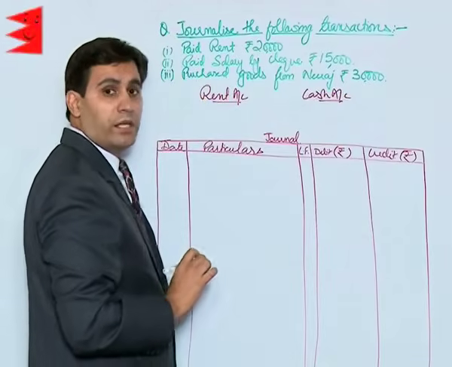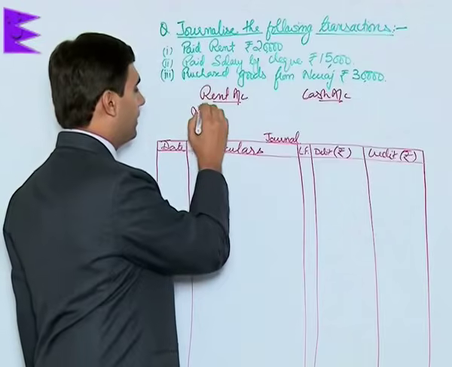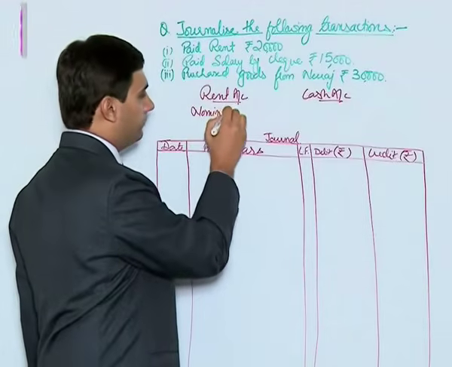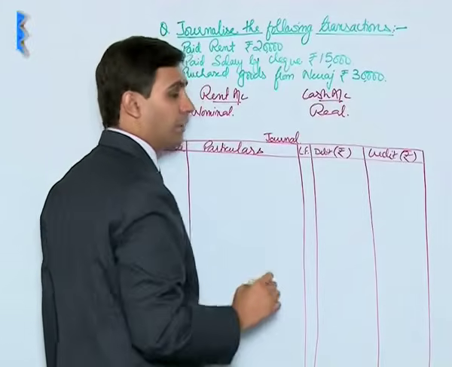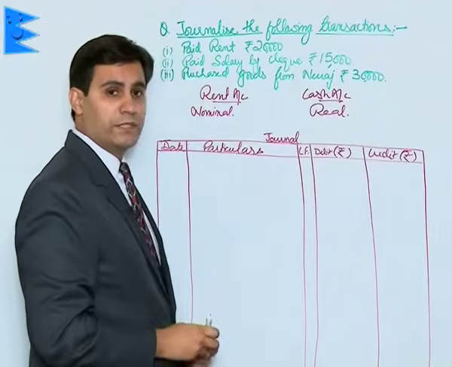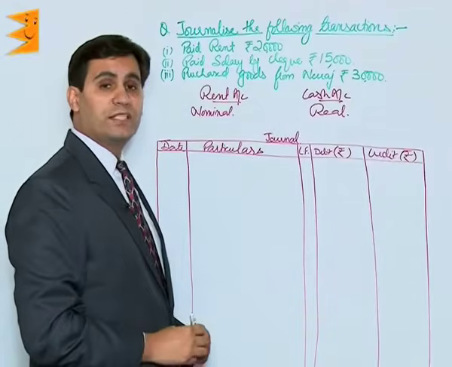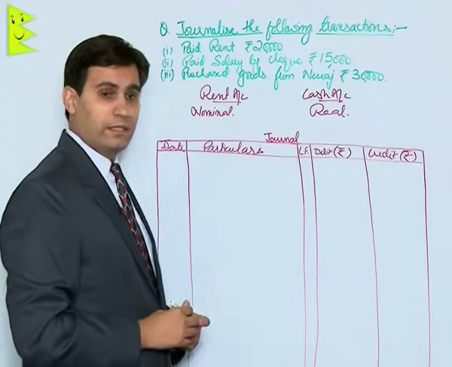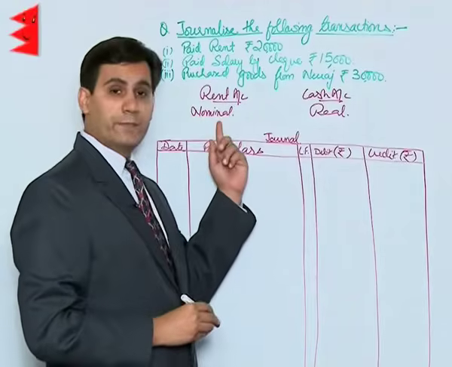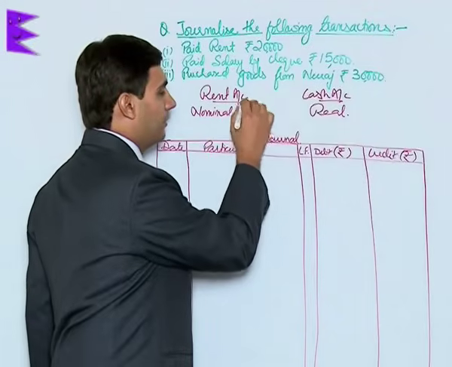Now students, rent is a nominal account. Rent is an expense. Since it is an expense, it is nominal by nature. Whereas cash is an asset, so it is a real account. Now let us apply rules for these two accounts. Nominal account. The rule for nominal accounts is debit all expenses and losses, credit all incomes and gains. Since it is an expense, it would be debit all expenses and losses.